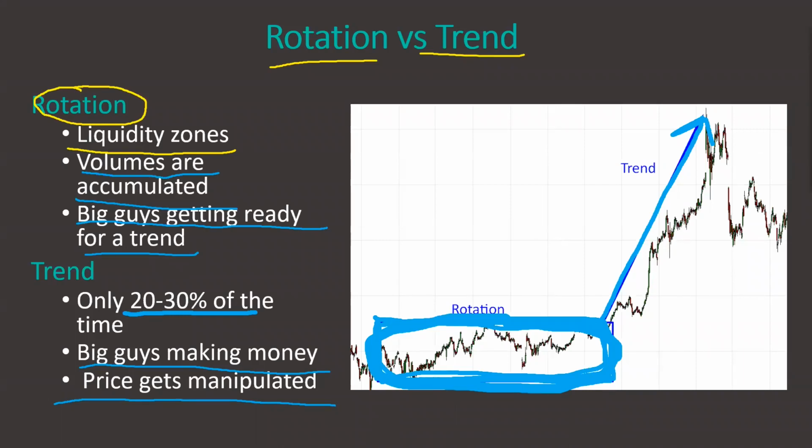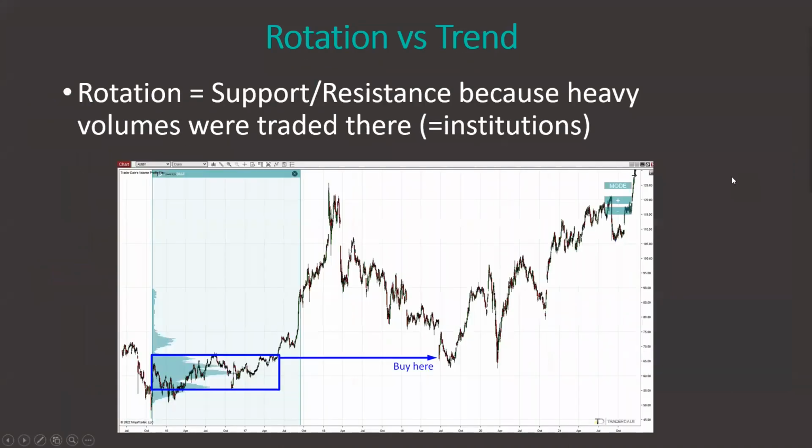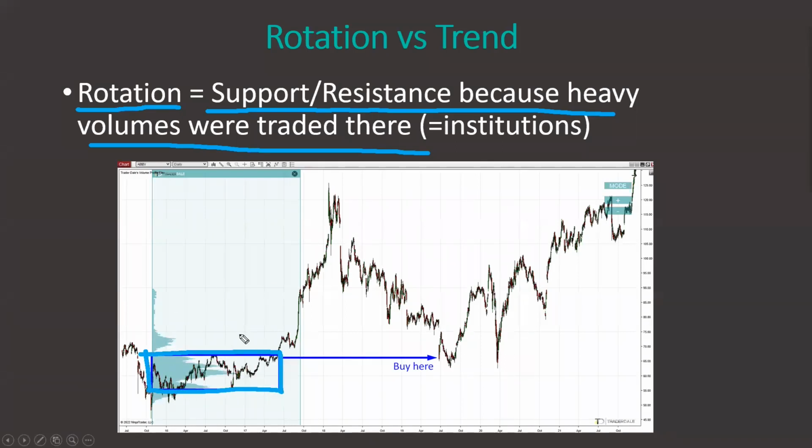Now, why I'm talking about this is that rotation zones act as strong support and resistance because heavy volumes were traded in those rotations. So if you look at this picture, there is a rotation right there. And what I did is print a volume profile here. Volume profile is a tool that shows volumes traded at each price level, right?